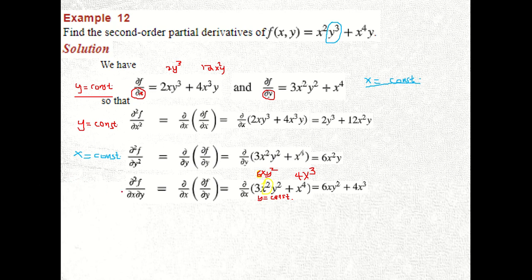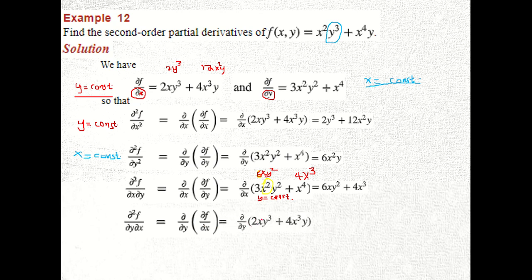Next, again you take the derivative of what is inside, meaning with respect to x. So we are going to refer to this one here. And after that, take the derivative of the resulting function with respect to y. So do it step by step.